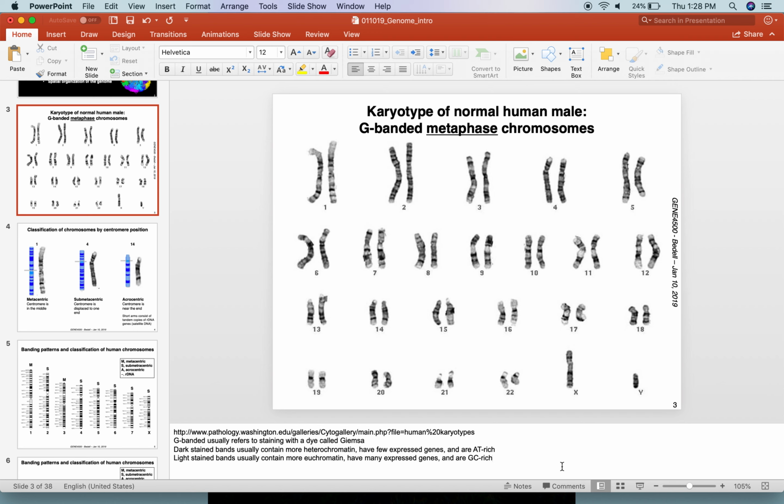The other thing I wanted to remind you of is that each of these is a homologous pair of chromosomes, right? And we can identify each of them on the basis of the size, the position of the centromere, which we'll see in a few minutes, and also the pattern of the bands. This kind of karyotyping is still being done to this day.